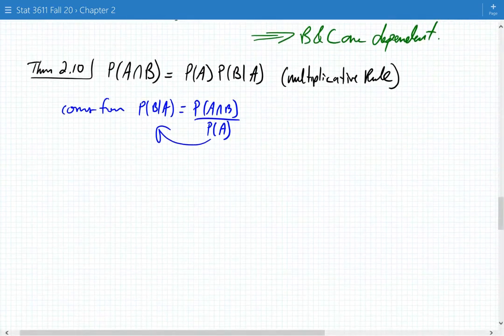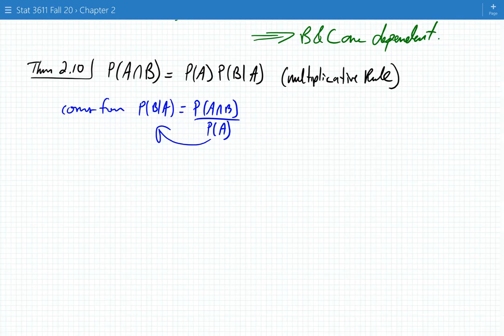Also note that because the probability of A intersect B is equal to the probability of B intersect A, in the multiplicative rule relationship you can change what you're conditioning on in either fashion.